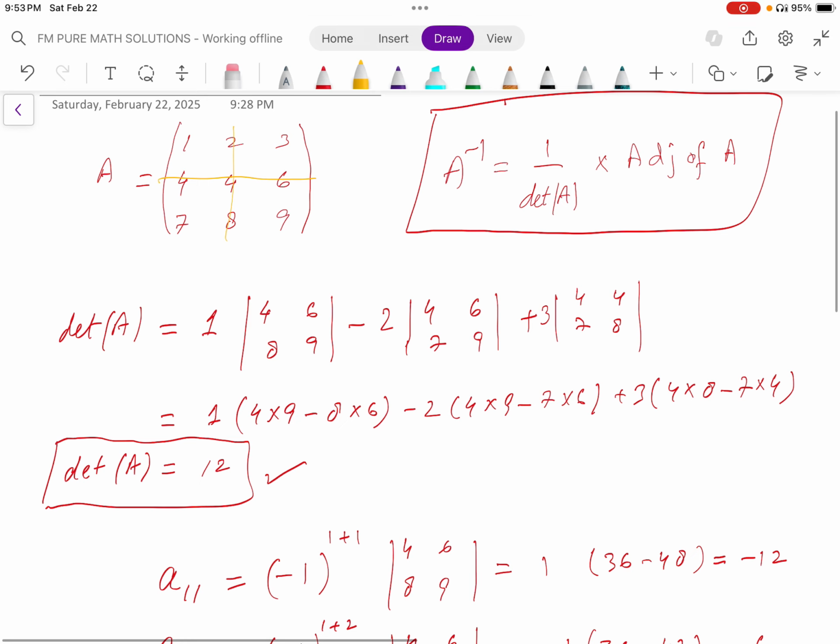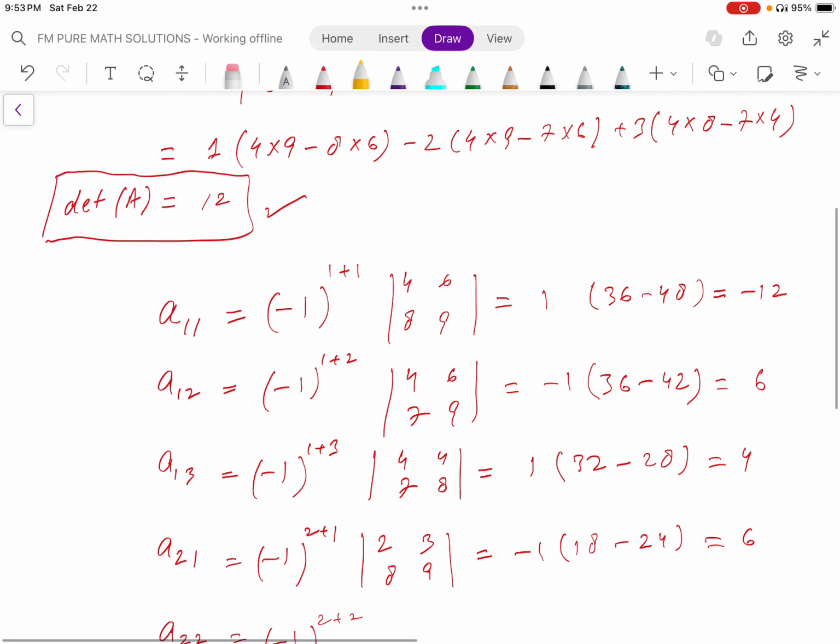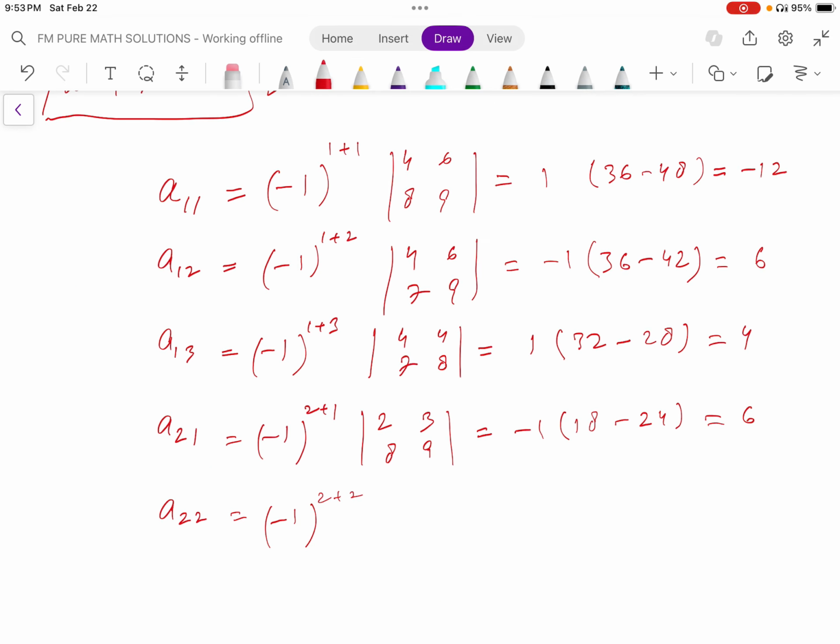The leftover determinant is 1, 3, 7, 9. So it's going to be +1 times 9 minus 21, which is -12.